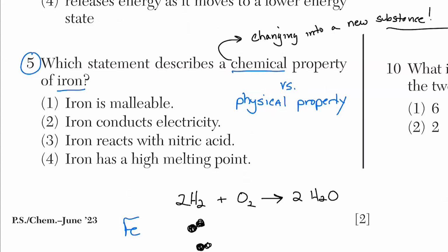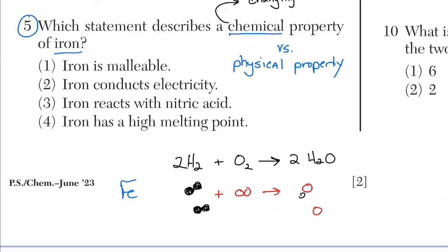These are called elements. Diatomic. Oxygen's diatomic too, but I need one here. These guys react with each other, and what do they make? Well, they're going to make two water molecules that have a different arrangement, and they're going to look like this.